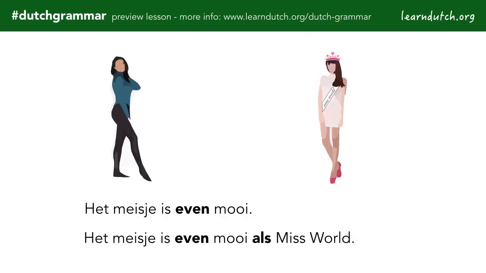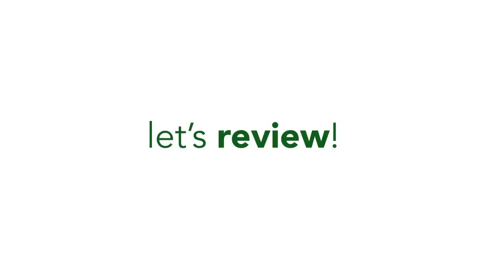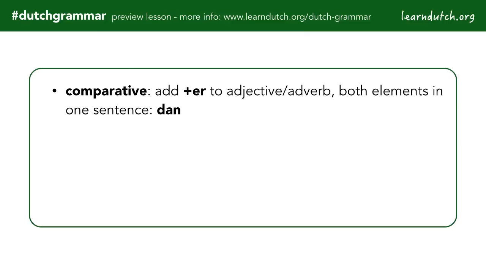So, we did a lot today. Let's review the rules. The comparative is formed by the ending er. If both elements that we compare are in one sentence, we use dan. The superlative is formed by the ending st and gets het in front of it.